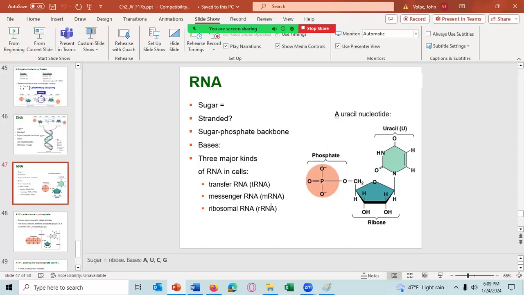Any question about any of that? So otherwise, tRNA, messenger RNA, and rRNA are the same. The only difference is the sequence of the nucleotides.